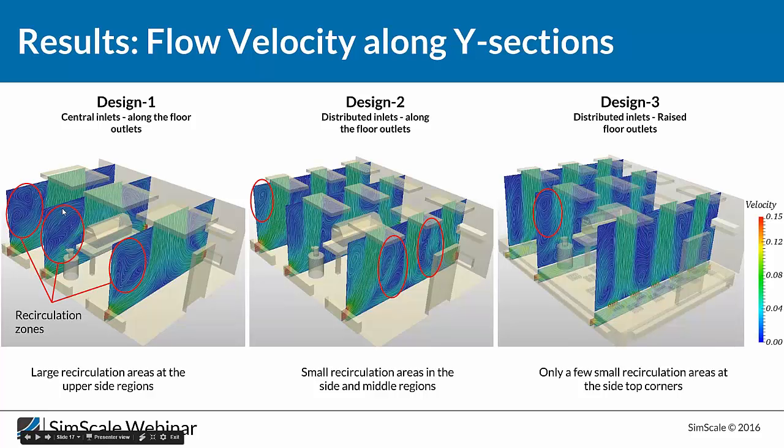You see a number of recirculation zones. A recirculation zone is essentially where the flow, where actually the contaminant is trapped. We could kind of treat it like that. So if you have a recirculation zone, when a certain population of particles enters that recirculation zone, it takes a long time for them to leave it and, for example, go to other parts of the room or go through the outlet and leave the room.